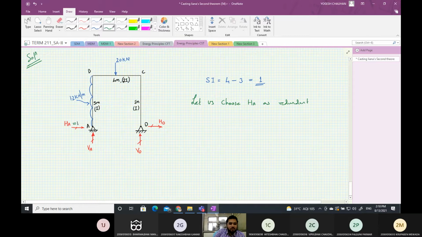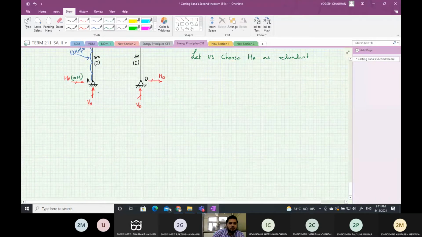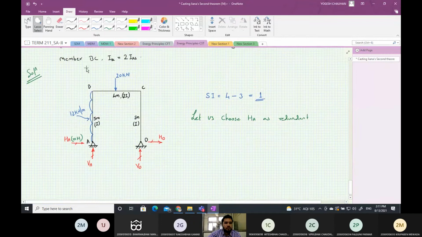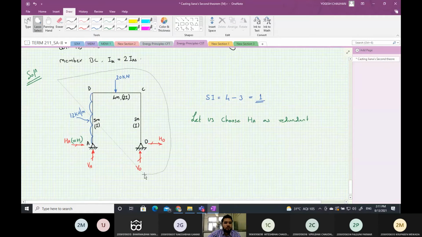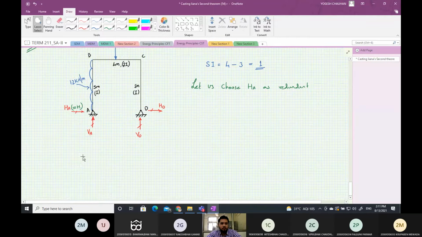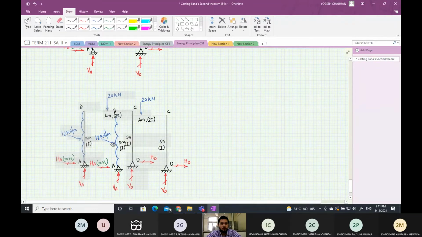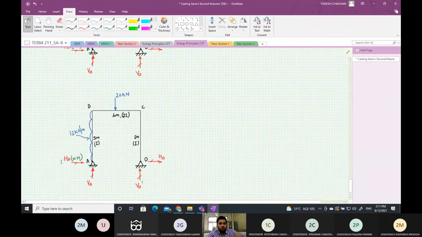So let us say this is equal to H. So now this frame can be treated as Q, the redundant, equals H.